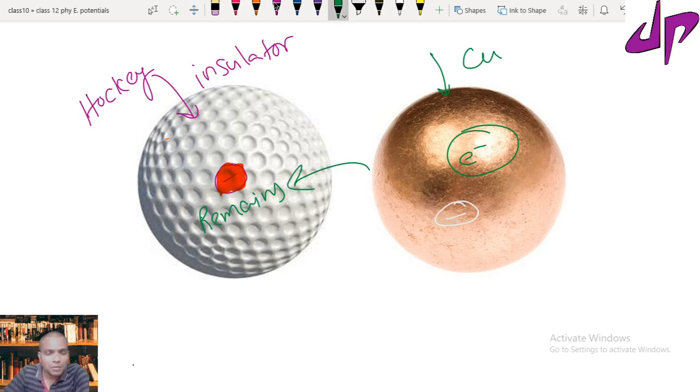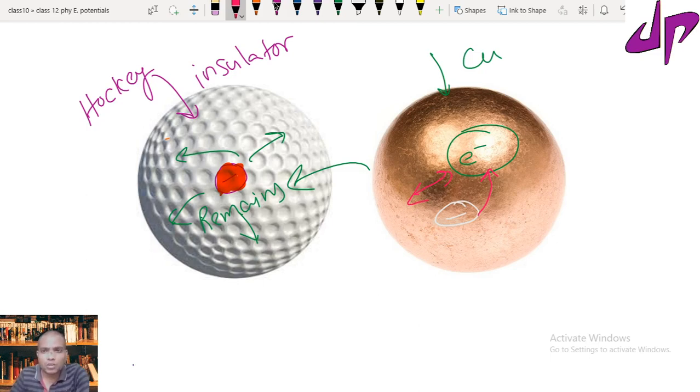Since it's an insulator, a non-conducting material, the electrons won't affect the others. But since it's a metal, this electron will affect the electrons already present in the copper, because copper contains a good number of free electrons. Now these two charges repel each other, they apply a certain force, and many things happen.